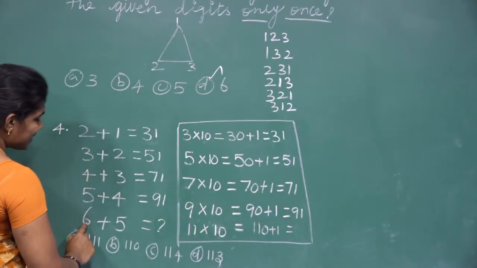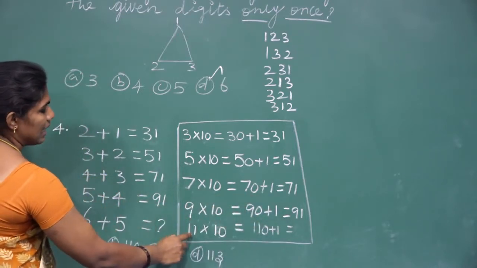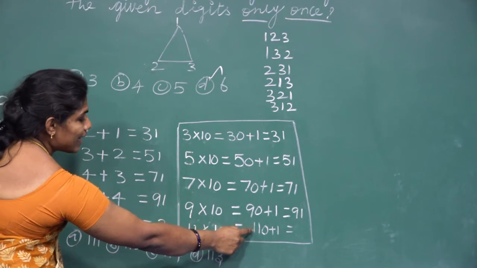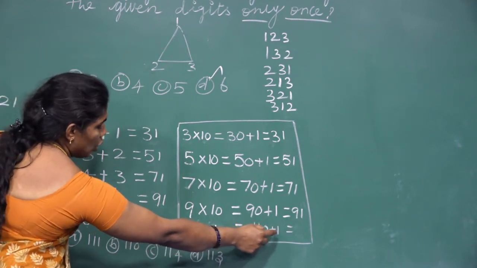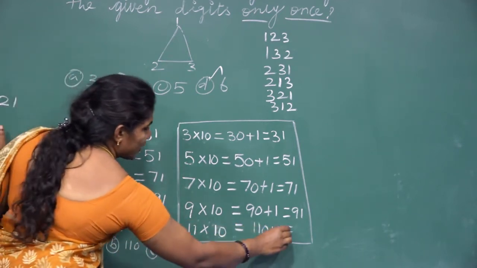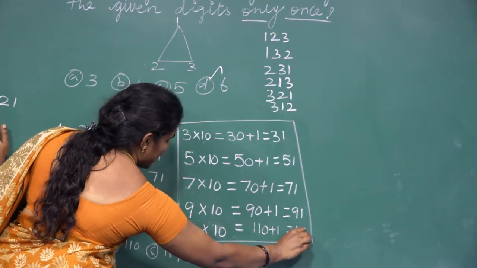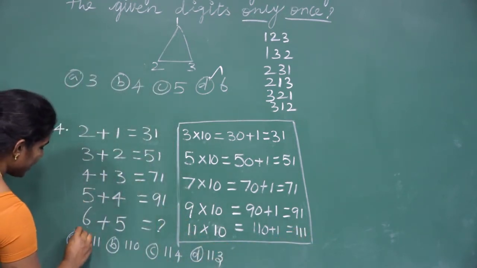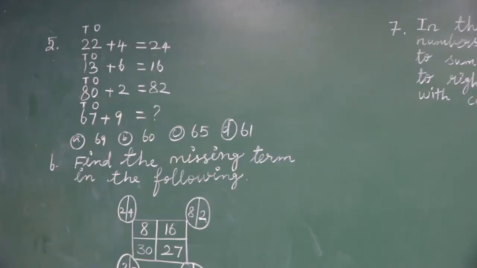Like this, 6 plus 5 is 11. 11 tens are 110. 110 plus 1 is 111. So the answer is 111. Which option is correct? A option is correct.